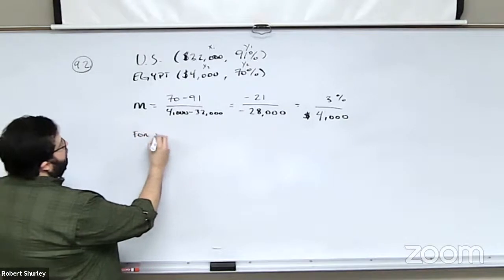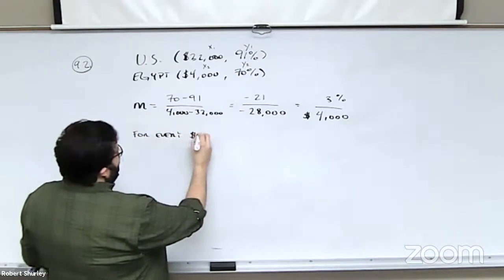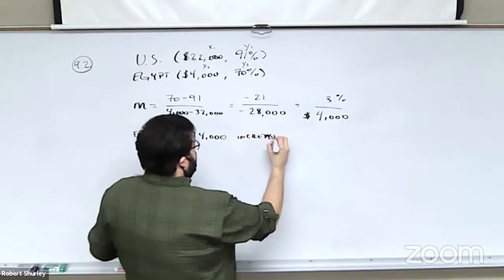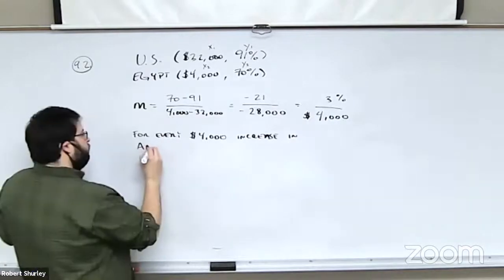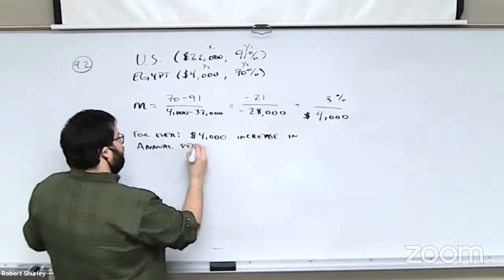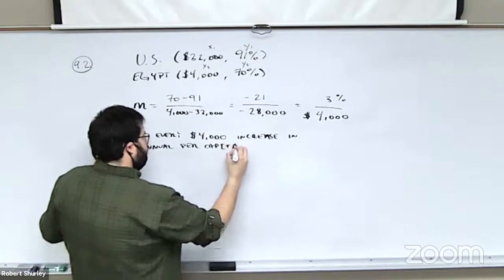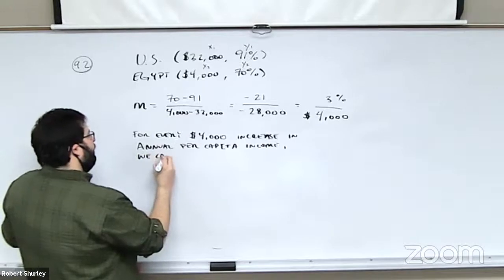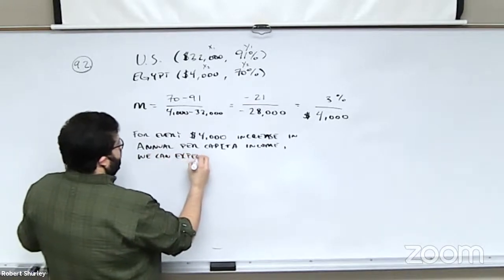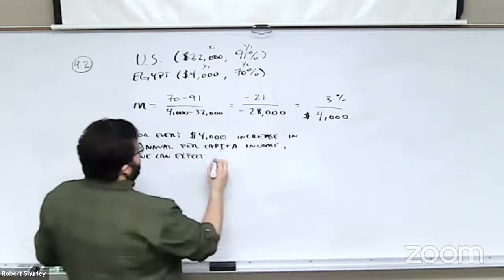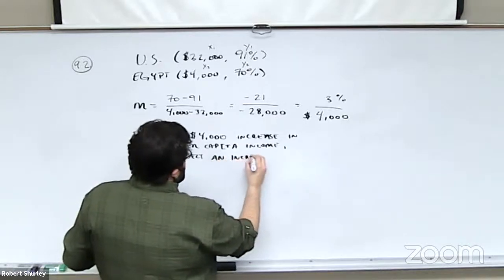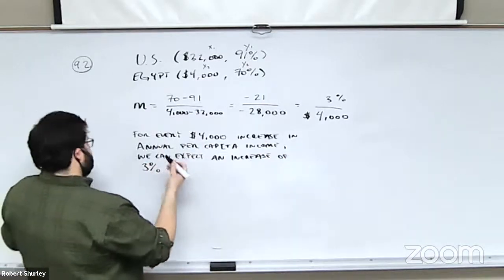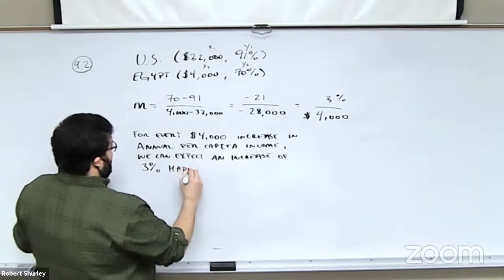For the trend line, for every $4,000 increase, because it's positive, in annual per capita income, we can expect, which isn't always true, but from the trend line, we can expect an increase of 3% happy replies.